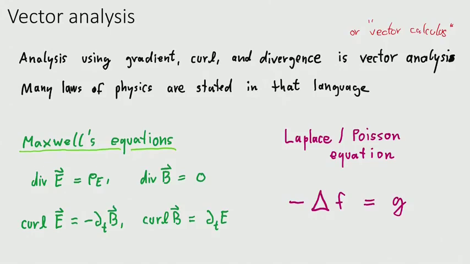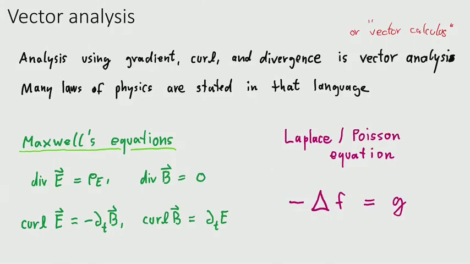In the setting of Maxwell's equations, this is a system of partial differential equations which describes the evolution of electric and magnetic fields in space. With some simplifications, you can write it down as follows.